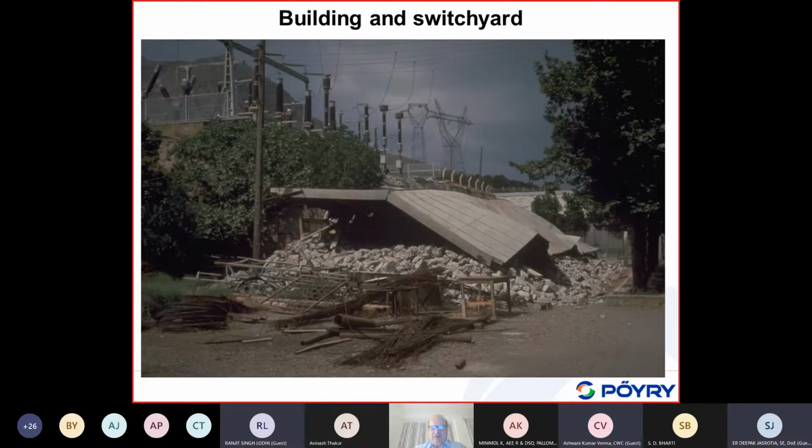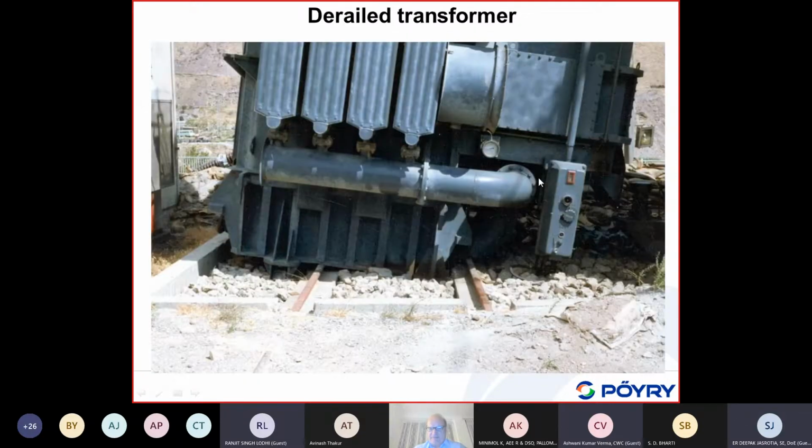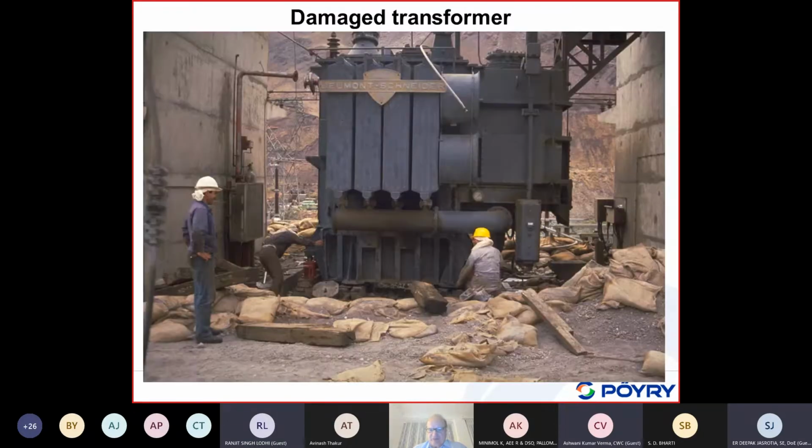Okay, this is just below this switchyard, showing you some damage. You see here some buildings on the premises of this power plant. It collapsed. There are some transformers on the rails. If they are on the rails, they must be fixed. We see here it has been derailed. There are some more which have been derailed. Again, they were attacked by the Iraqis, so there are still many sandbags around this critical equipment.